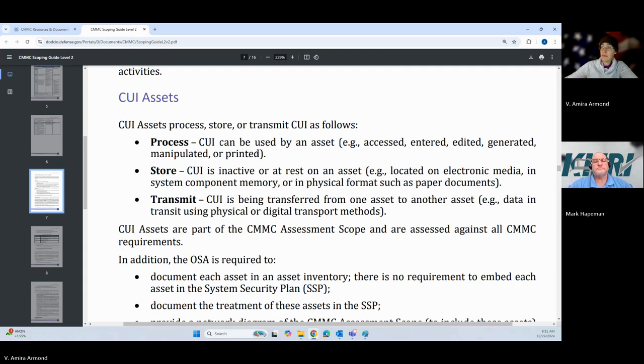Printing is a process. So your printer would be that. For facilities, which is another big category of assets, there's not a whole lot of processing going on. So I can't think of an example of process for a facility.